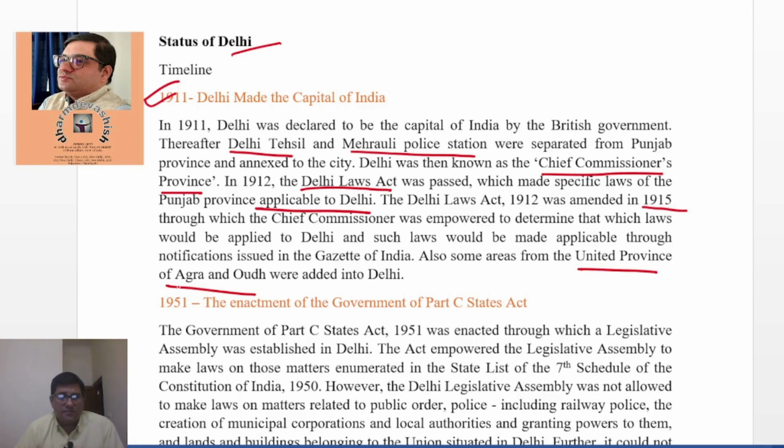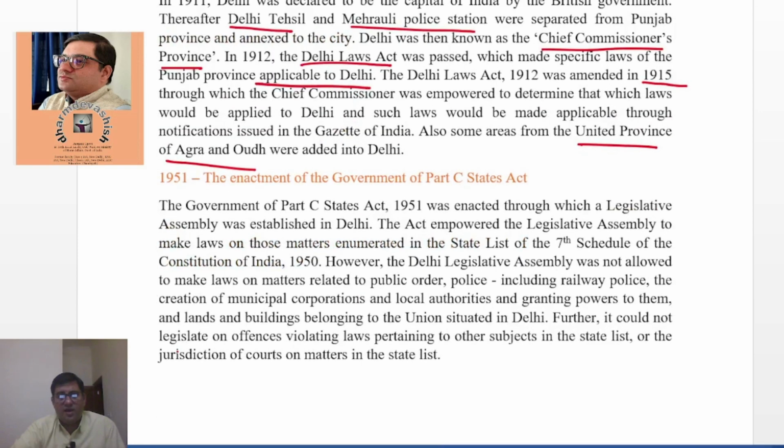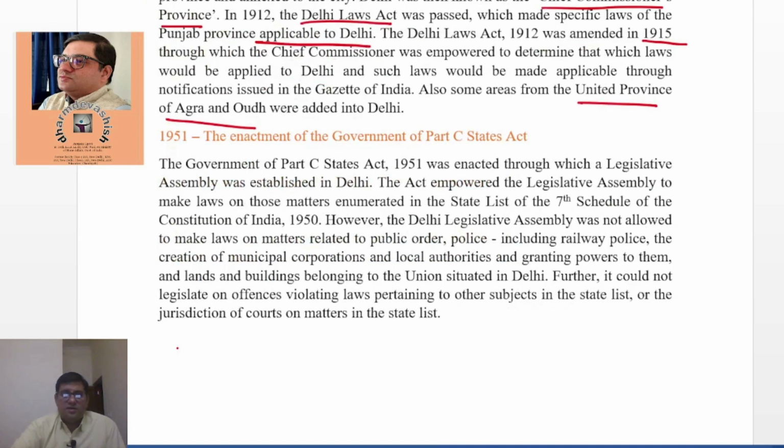So this was the historical beginning, and we see that slowly and steadily the administrative setup of Delhi is transforming. Moving fast forward to the reality post-independence, from the year 1950 onwards, we see that in the year 1951 the legislature passed the Government of Part C States Act.